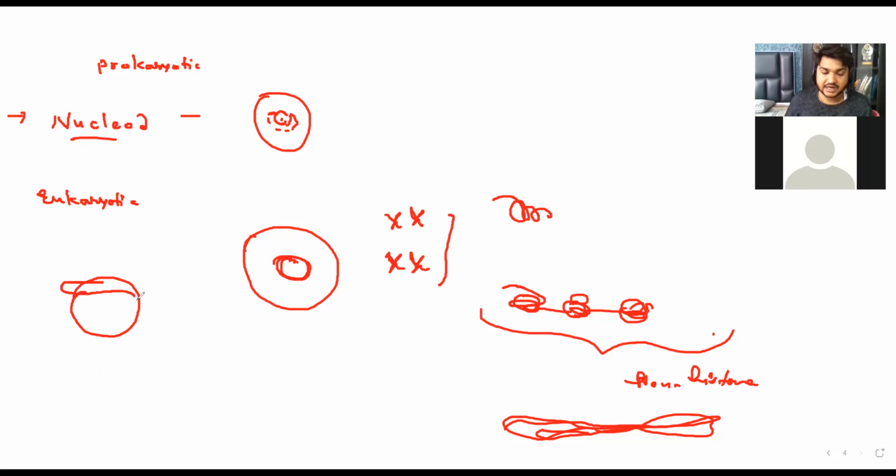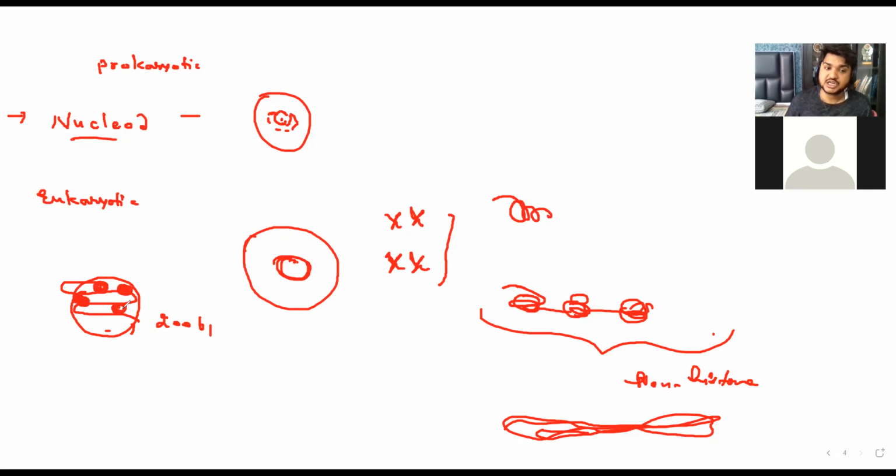Now you have to tell me one thing: a complete nucleosome contains 200 base pair of DNA wrapping around it. Inside the nucleosome there are 8 proteins.